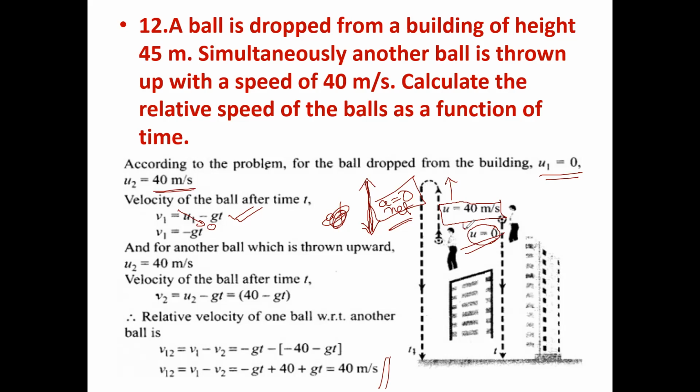So what is the relative velocity? 40 minus 0. Finished. That's how you can calculate. That is a technique, a trick to handle these problems. I have just shown the entire workout, but this trick is like this. You can follow this trick. Hope you got this trick. Now we'll move ahead.